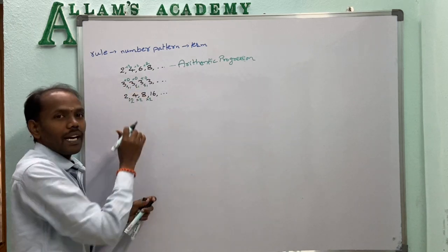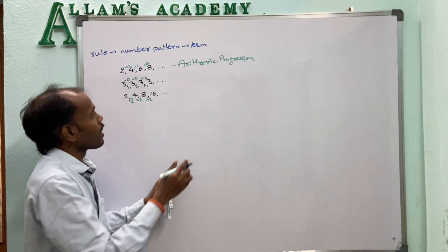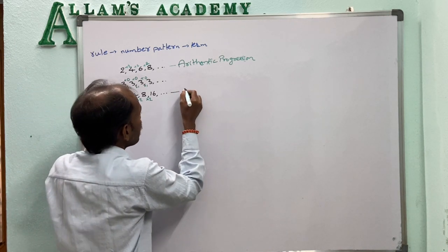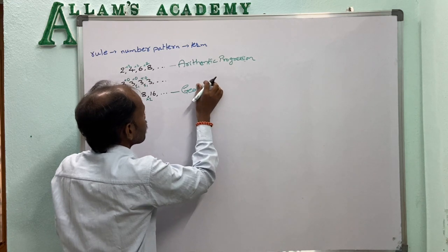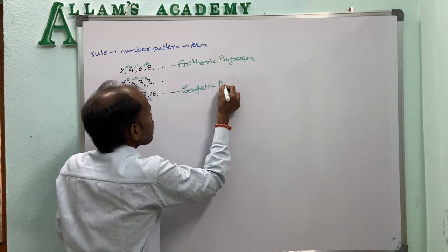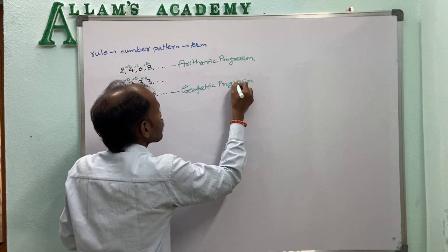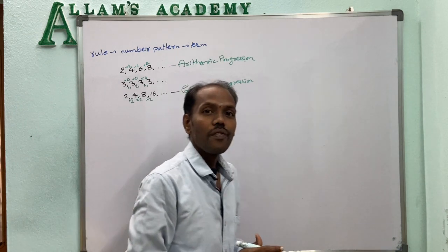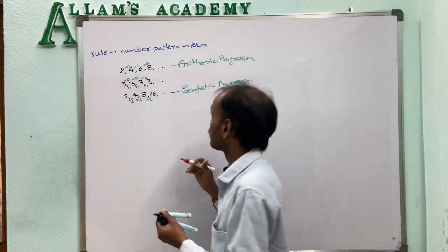By multiplying by a common number we get the number pattern called a geometric progression. Now we see the new chapter, progressions.